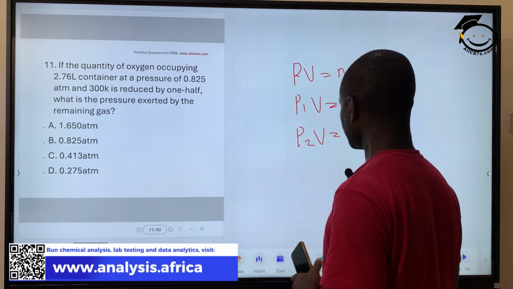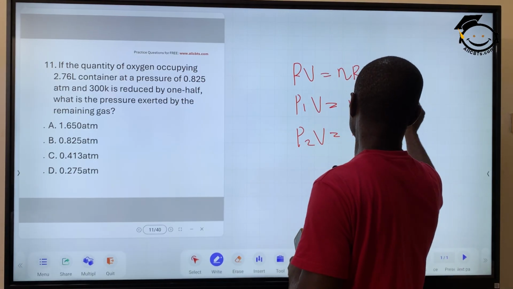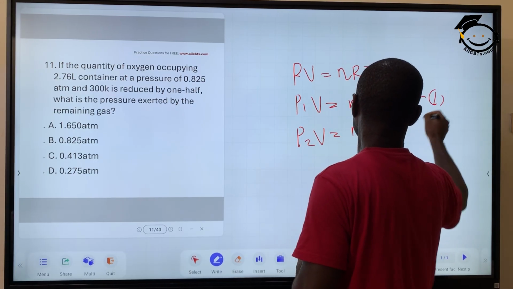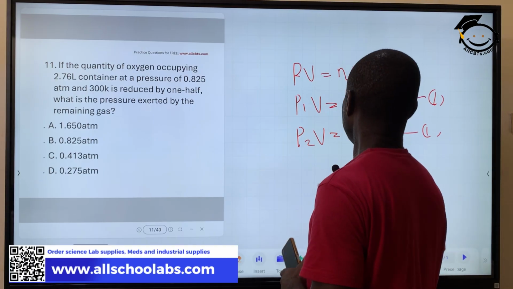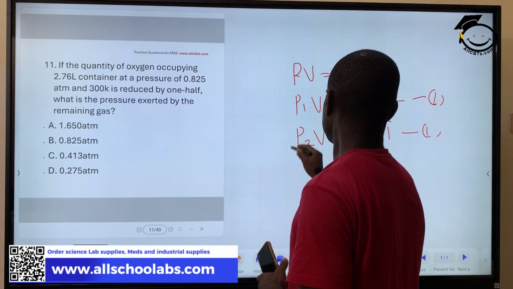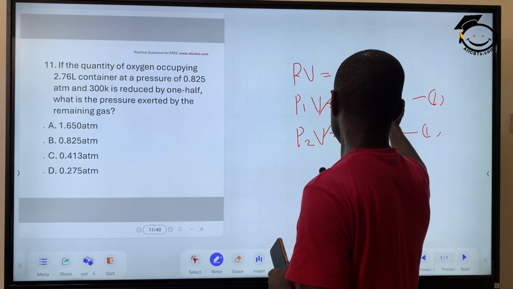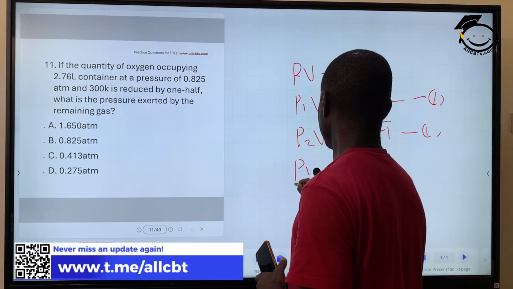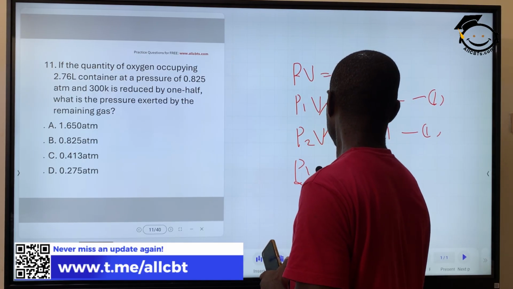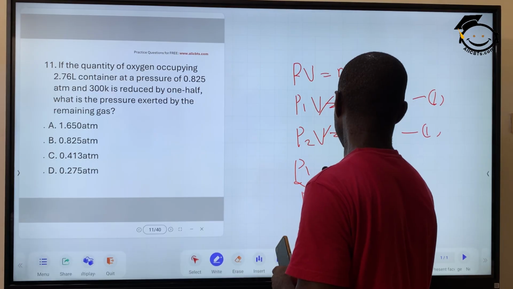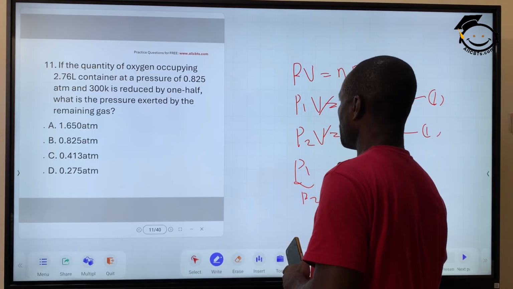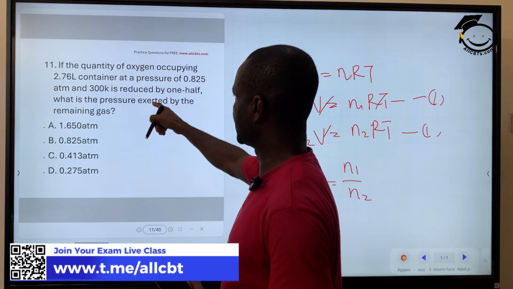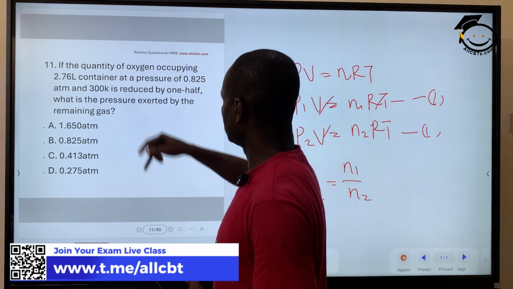If you divide equation 1 by equation 2, the constants go, and this gives you P1 over P2 equals N1 over N2.